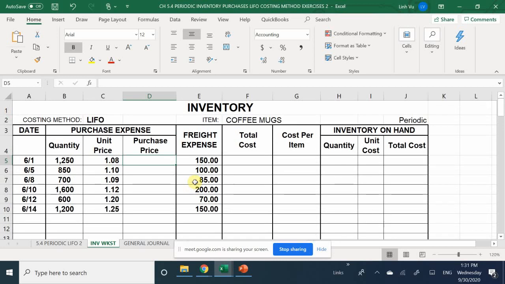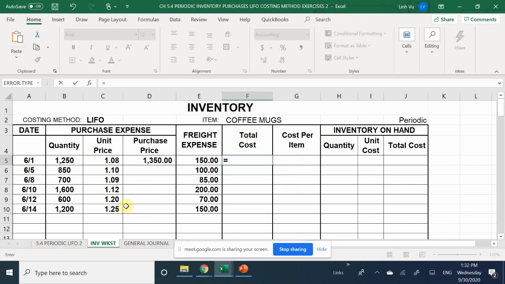Okay, so on June 1st, it says here that we purchased a total of 1,250 units at $1.08, and my freight here is $150. So what is my purchase expense going to be? 1,350. Okay, and then how do I find my total cost?